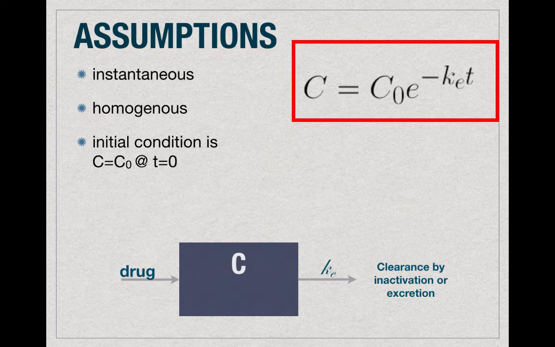And we'll also have to correct for the fact that not all of the drug will actually get into the bloodstream. Some will be left in the initial site. But for this one compartment model, these are our assumptions.